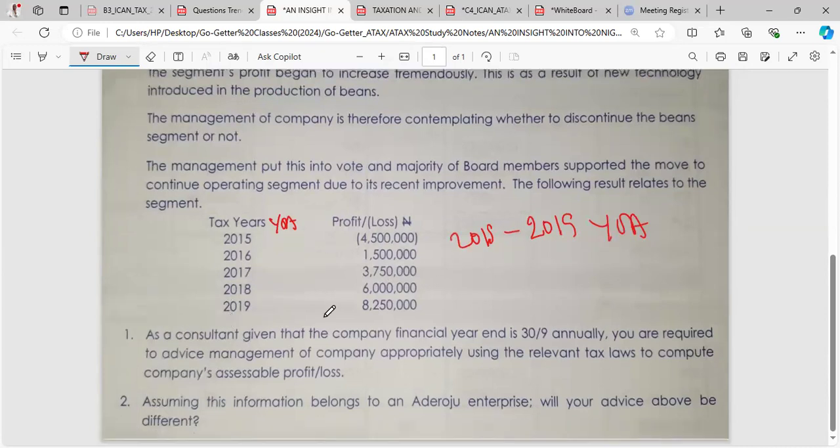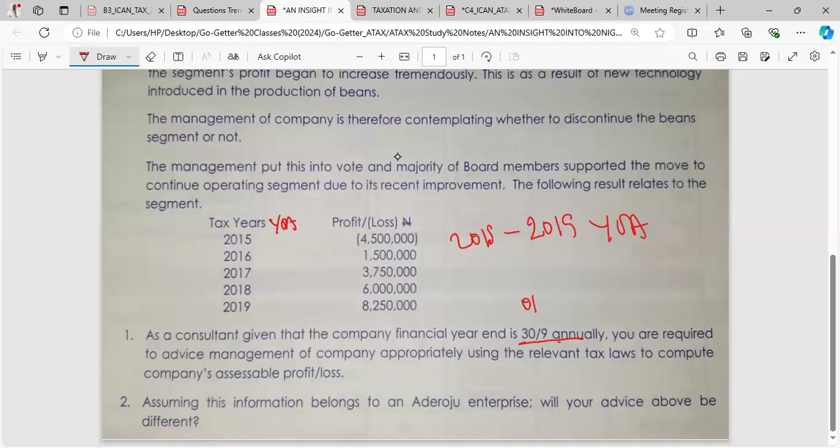As a consultant, given that the company's financial year end is 30th of September annually, what it means here is it starts from October 1, let's say X1, to 30th of September X2. That is how the year of assessment is.